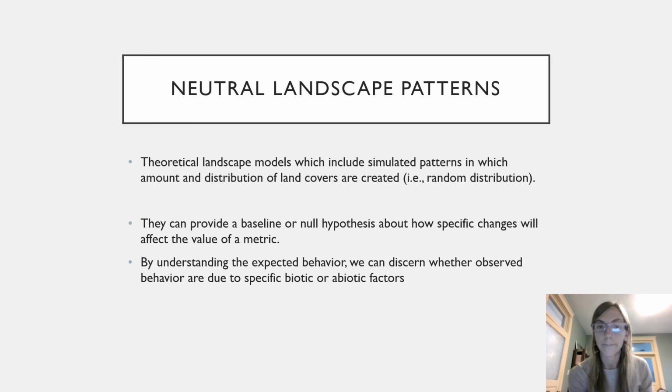We might have these randomly distributed across a landscape, and they can provide a baseline or a null hypothesis about how specific changes in the landscape are going to affect a value or a metric. So if we can create theoretical landscape models, it helps us to understand expected behavior. It might help us to figure out whether observed behaviors are due to a specific biotic or abiotic factor or not.